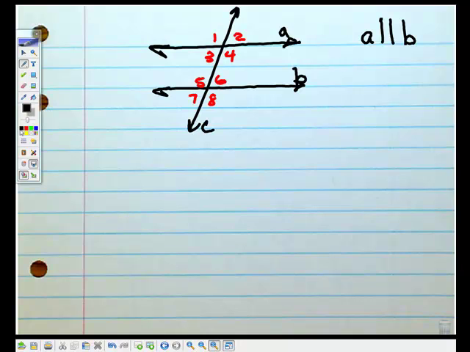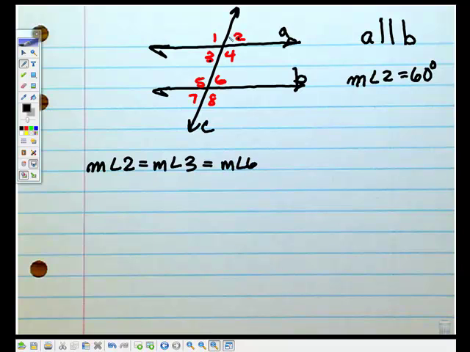So right now, if we were told that the measure of angle 2 is 60 degrees, we should be able to conclude that the measure of angle 2 is equal to the measure of angle 3, because 2 and 3 are vertical angles, and this would also be equal to the measure of angle 6, because angles 2 and 6 are corresponding angles.